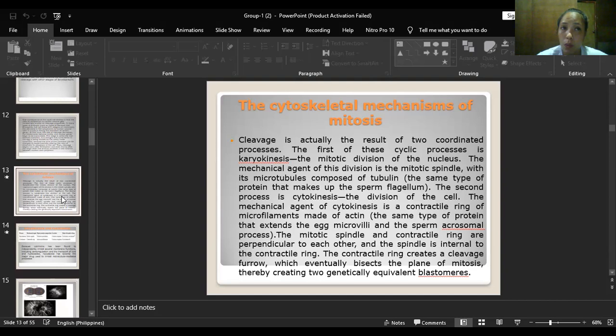So when we say cleavage, this is the first process the embryo may encounter, in which some divisions from the initial cell cluster will occur.